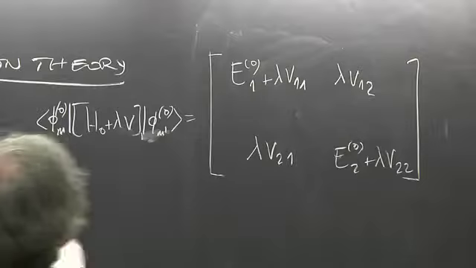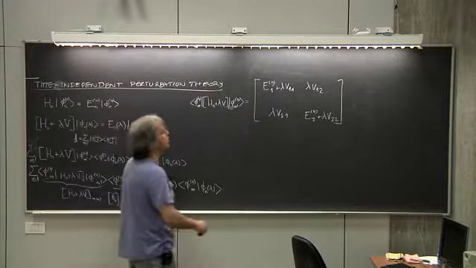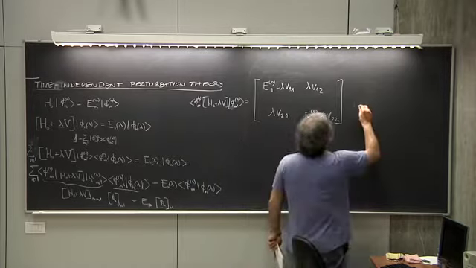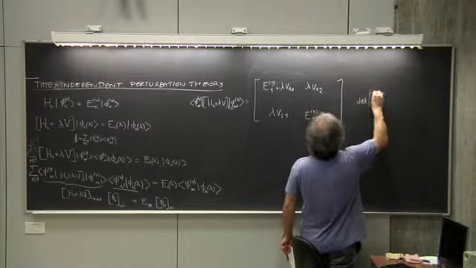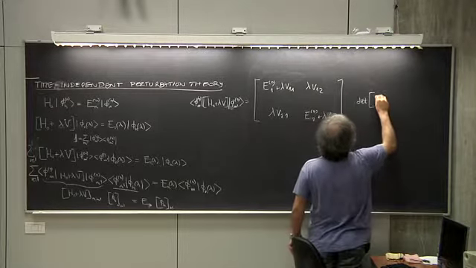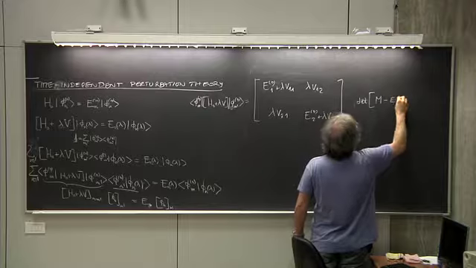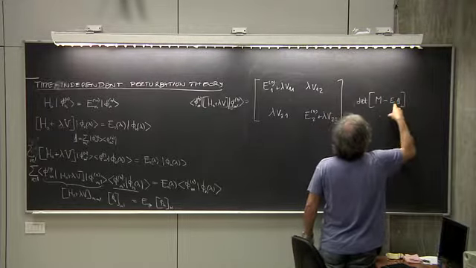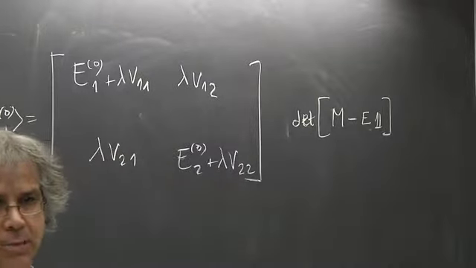Now, to diagonalize this matrix, so to solve for the new eigenvalues, what I should do is to calculate the determinant of the matrix you see there, let us call it M, minus E times the identity, and search for the values of E that make the determinant equal to 0.